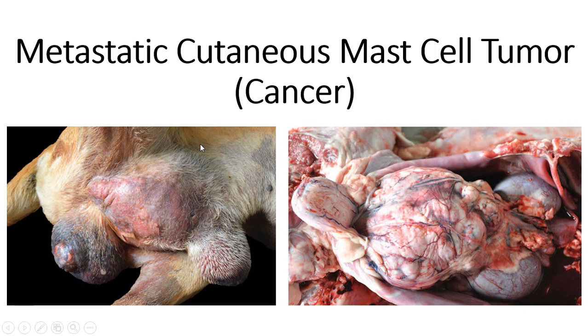After we perform necropsy, we can see the shape of the tumor under the skin here. But only by looking with our eyes like this, we cannot be sure what type of tumor it is.